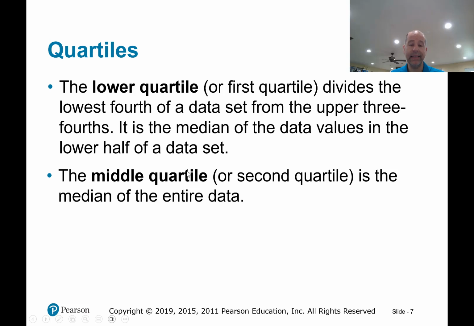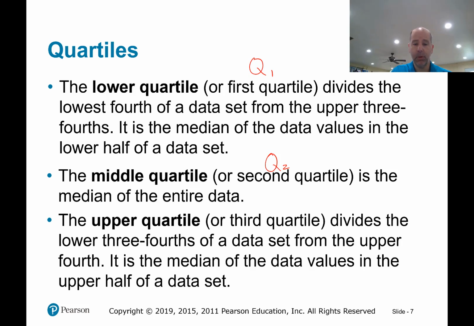The middle quartile is the median. So we've already talked about that. That's also the second quartile. So again, this is the lower quartile, also notated as Q1. So the first quartile or lower quartile is Q1. The median, or the middle quartile or second quartile, is Q2.